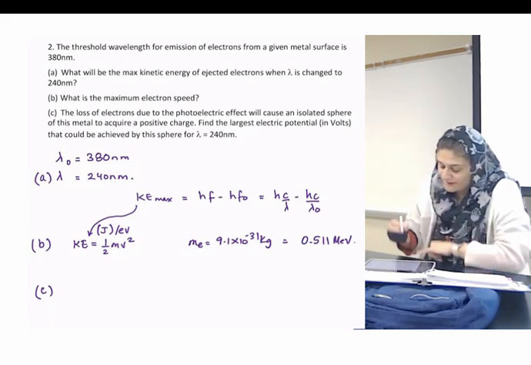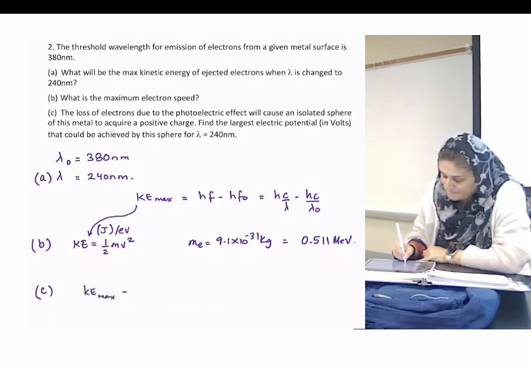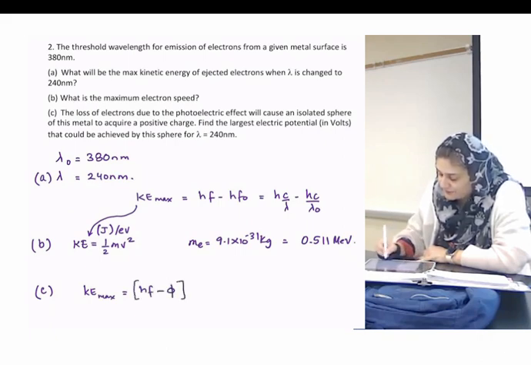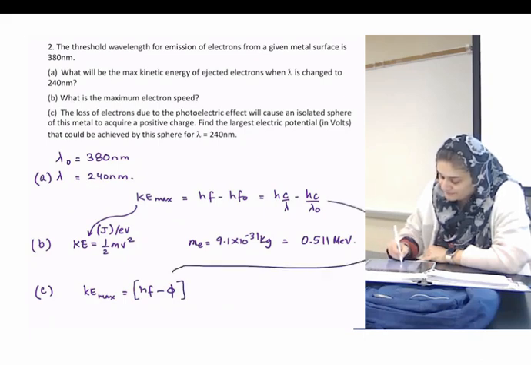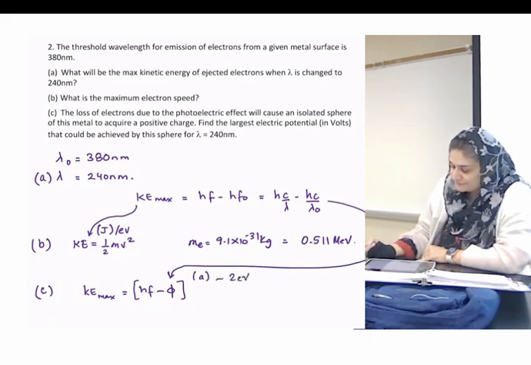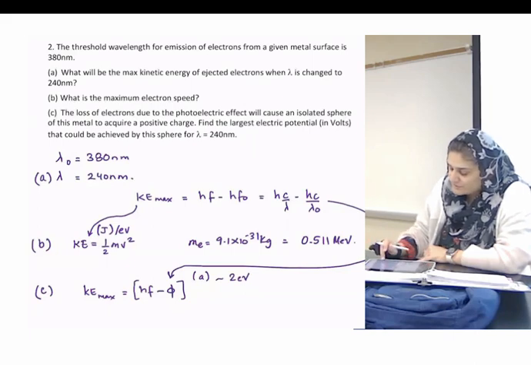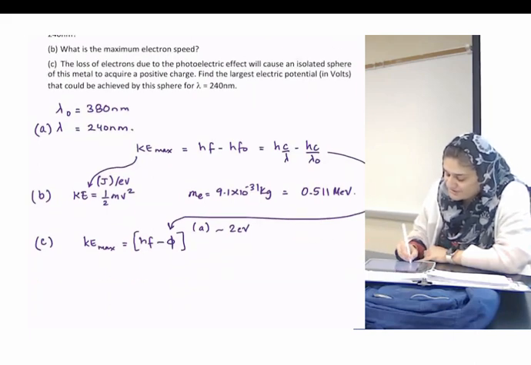Aha. Okay, so we're going to use our same exact handy dandy equation, hf over e. But this you're going to get from part A. I got very close to 2 electron volts. So what is kinetic energy maximum in terms of electron volts?